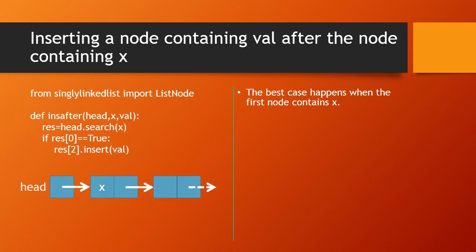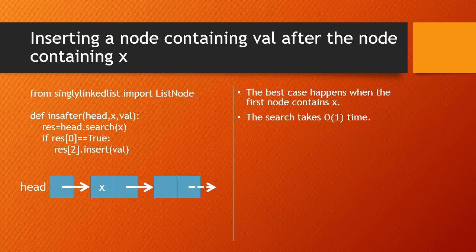The best case happens when the first node contains x. Why am I calling it the best case? Because in this case, the search function will have to make just one iteration, and after one iteration it will see that the first node contains x and it will return back. So the search takes O(1) time in this case.